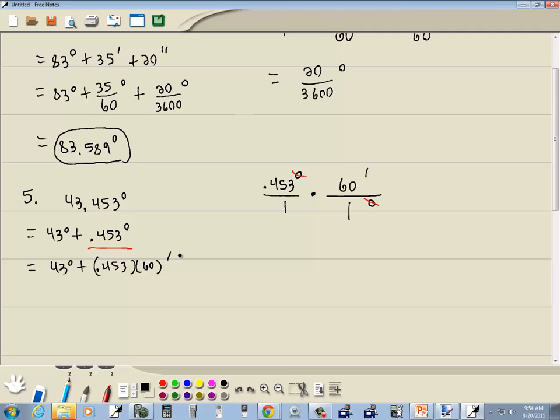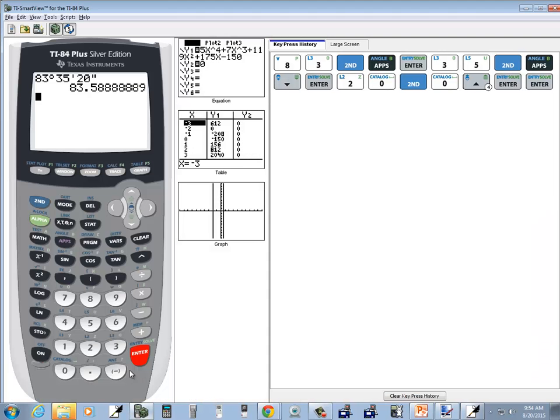And that's going to give it to us in minutes. So we got 43 degrees plus 0.453 times 60. And we get 27.18.